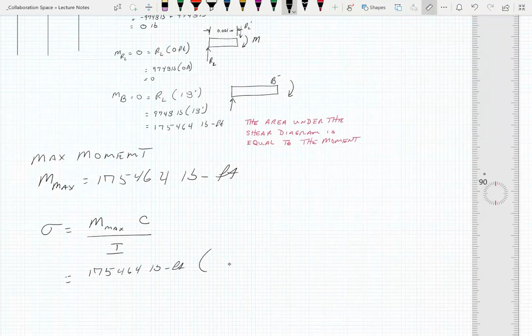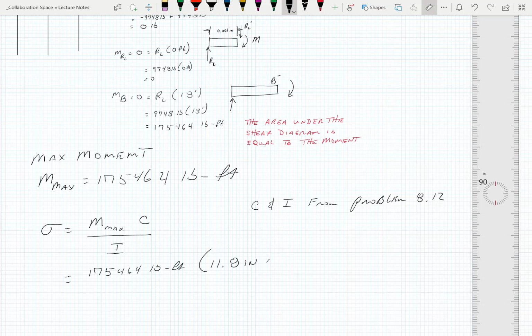Anybody remember the C value we had? The Y0. 11.8 inches. Yeah.